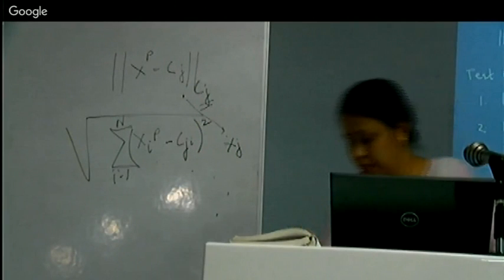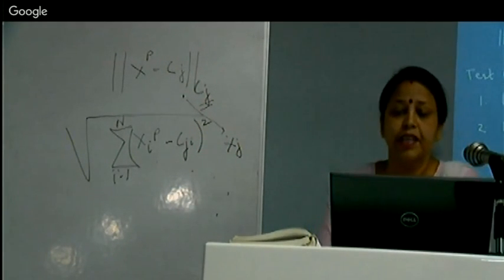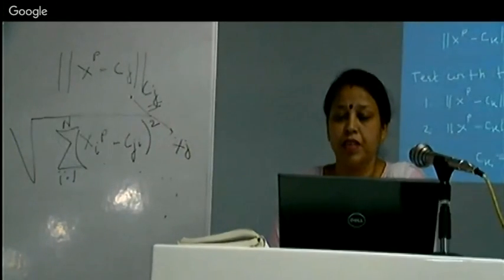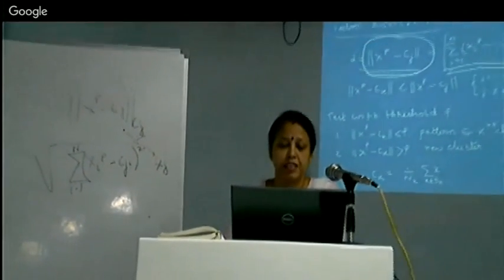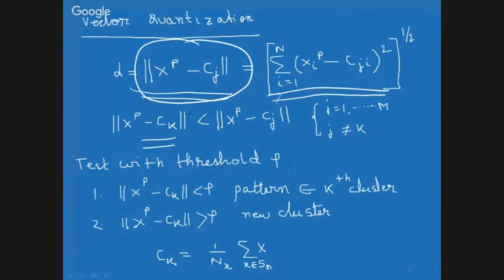So again, come to the slide. What we are getting is actually the Euclidean distance. We have to find out the minimum Euclidean distance from the cluster, where Cj is your jth cluster.